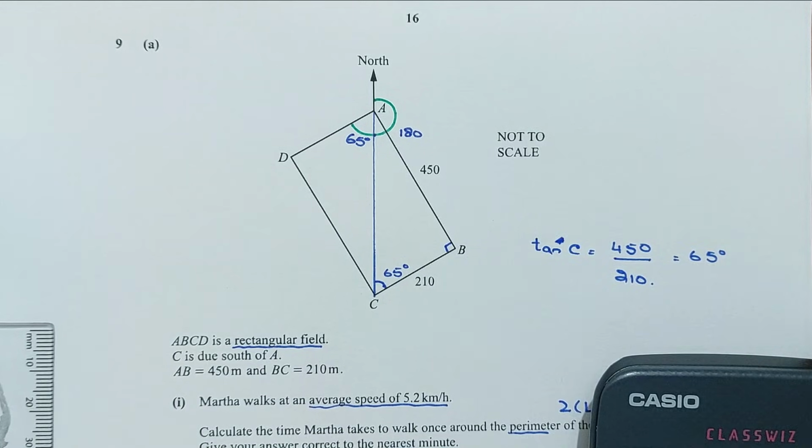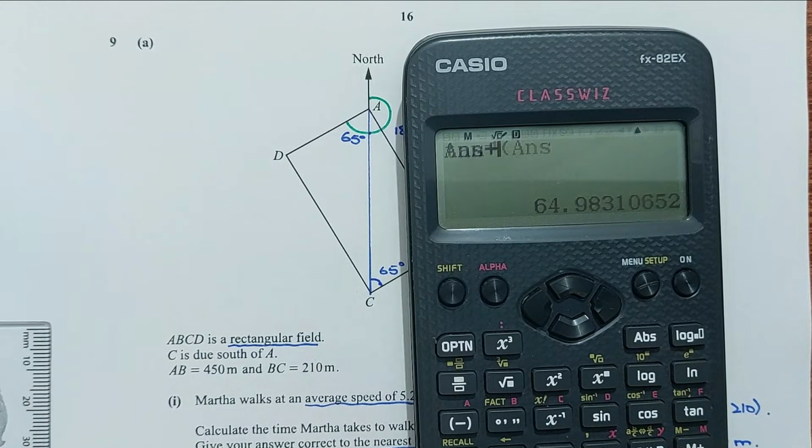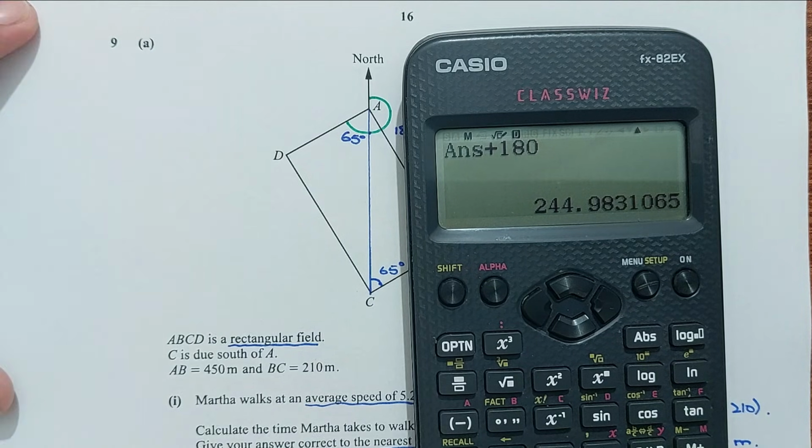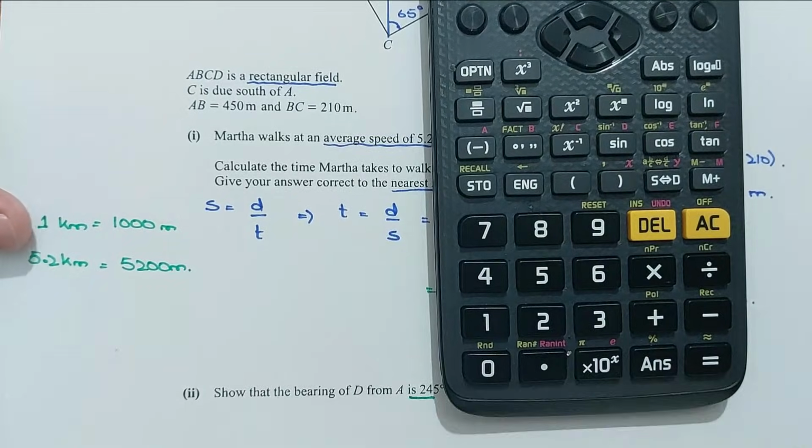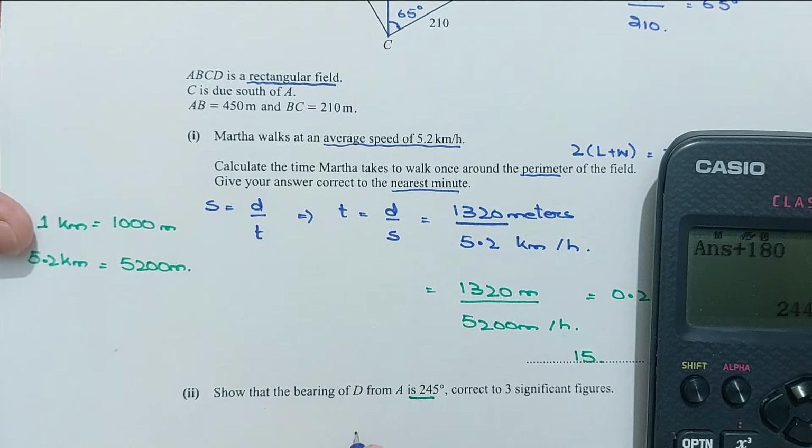To get the bearing, this angle should be added to 180. So this is 244.9, and correct to 3 significant figures 245. So the bearing is 244.9 rounded to 245 degrees.